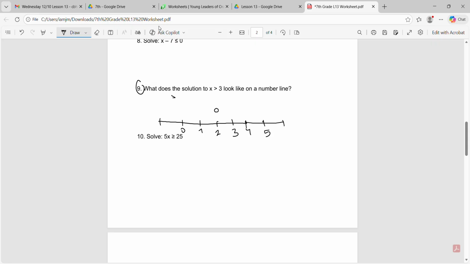For greater than or equal to or less than or equal to signs, you use a closed circle. So here it's just greater than, so we're going to use an open circle at 3. Since it's greater than, it has to face the greater numbers to the right. That's how it's going to look on a number line.